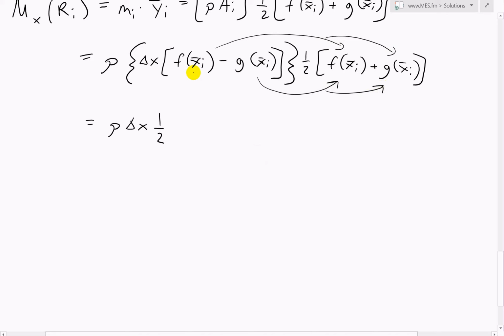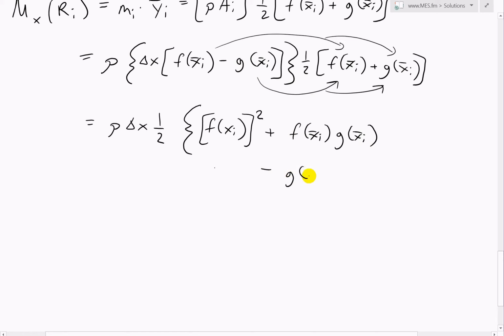So what we'll get is, in a giant bracket, f of x i times f of x i, that's going to be squared. Then we have f of x i and then g of x i, so plus, then g of x i times f of x i, that's going to be negative, so we have negative g of x i.